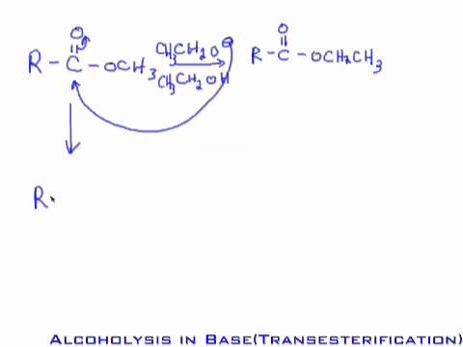And we produce RCO minus OCH2CH3 OCH3. Now, if the ethoxide comes off, you just get back to your ester.